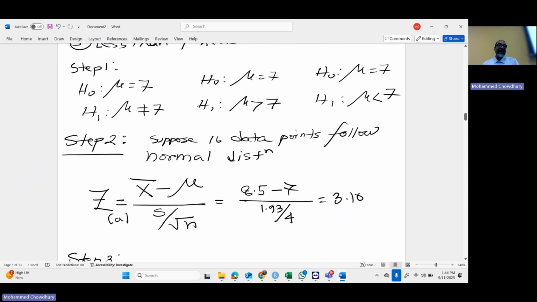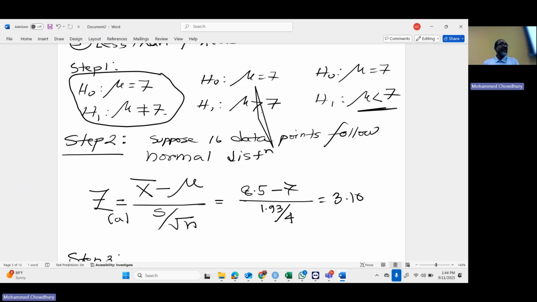Take a look at the board, please. This is called the two-sided alternative hypothesis because something will go to the right, something will go to the left, because you do not know. This one is called right-sided, right tail, because greater than. And that one is known as left-sided or left tail because it is less than.